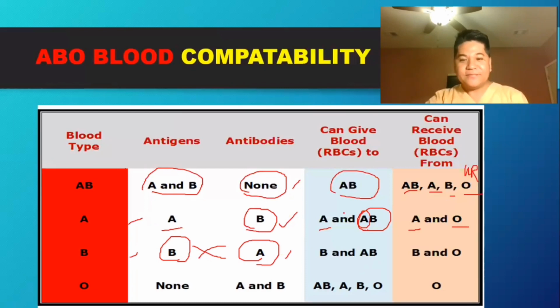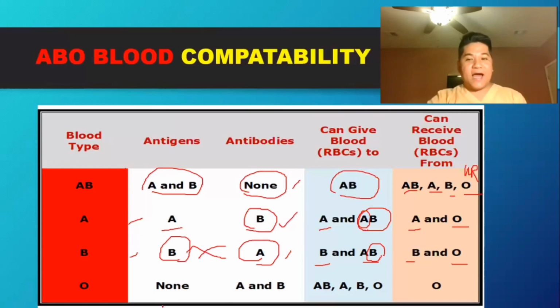Type B can donate blood to B and AB because it has antigen B, but not to type A because type A has antibodies B. Remember that. It can receive blood from B, and it can receive blood from O. That's okay.